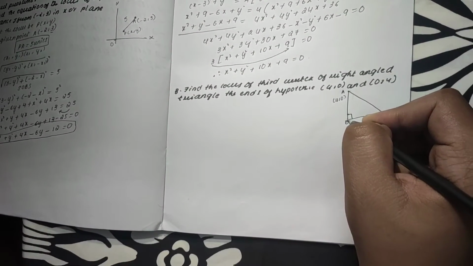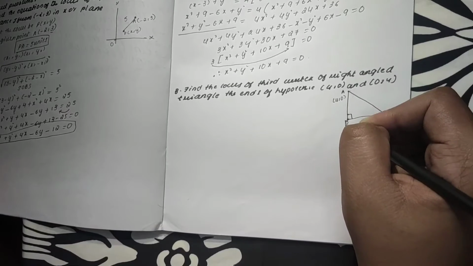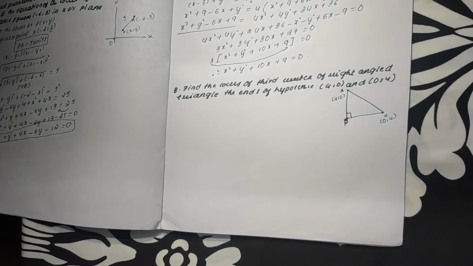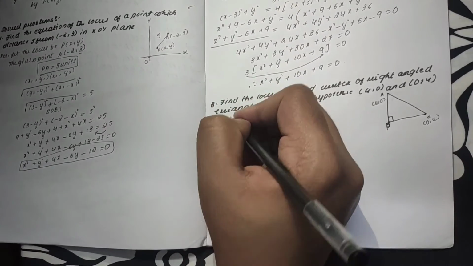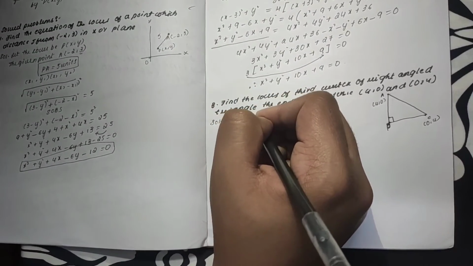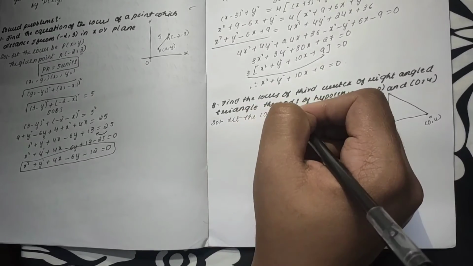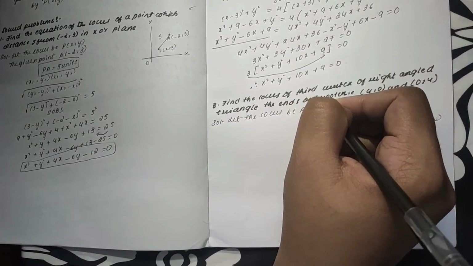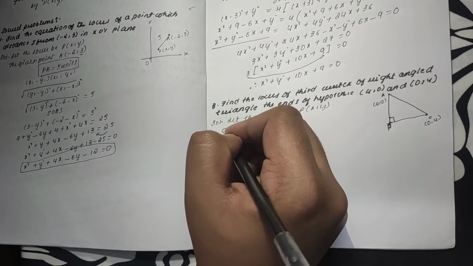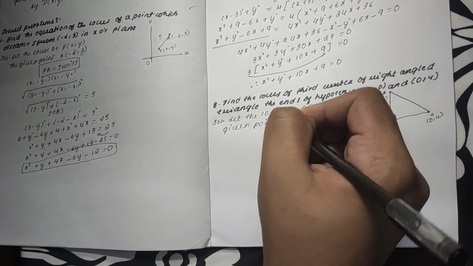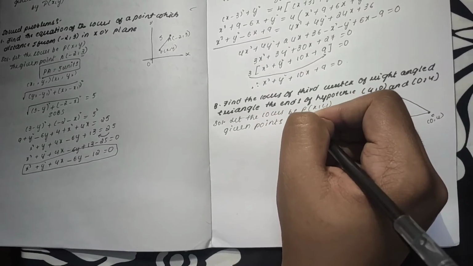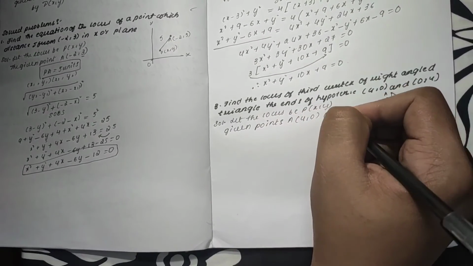Instead of B, consider this point as P, the locus. So start the same procedure again. Let the locus be P(x, y). Given points A(4, 0), C(0, 4).